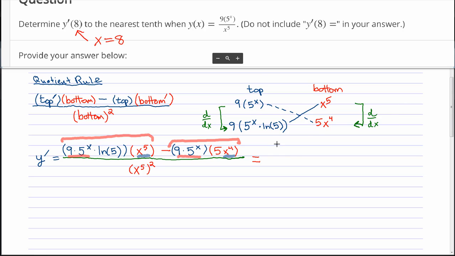So we said we could factor out the 9, and we could factor out the 5 to the x. And the other thing we said we could factor out was an x to the 4th, because there's x to the 4th here, and there's at least x to the 4th here. Okay, and then what's left in the first one is going to be a natural log of 5.